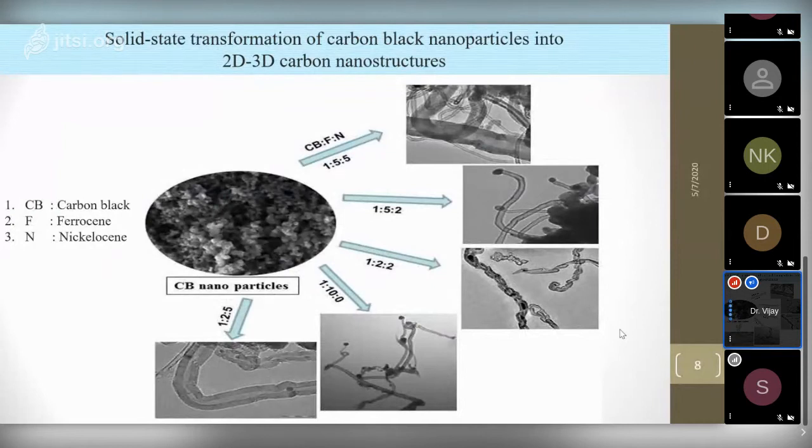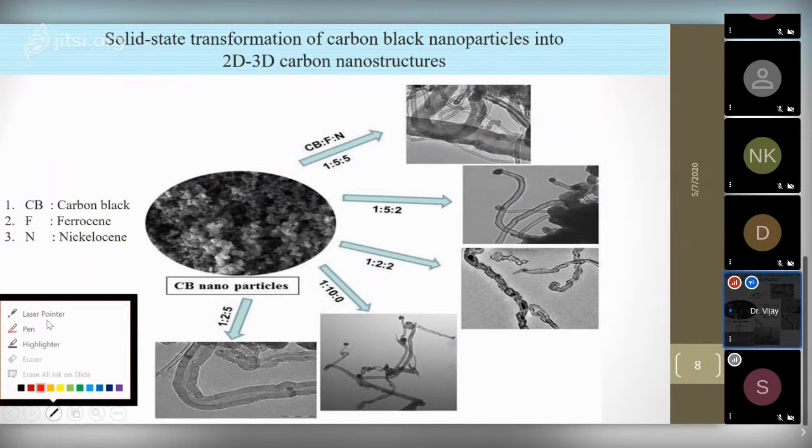What I did is a solid phase transformation. I used different iron and nickel combinations to transform amorphous carbon into graphitized nanostructures with different metallic structures, like nanotubes with top-edge metal-coated nanotubes, or a chain-like structure.